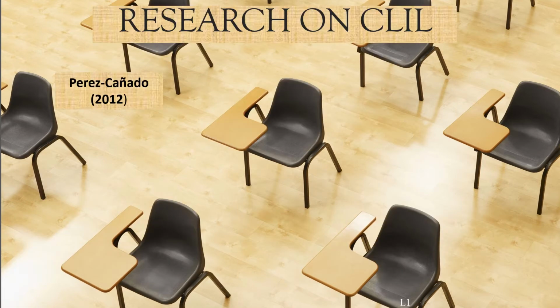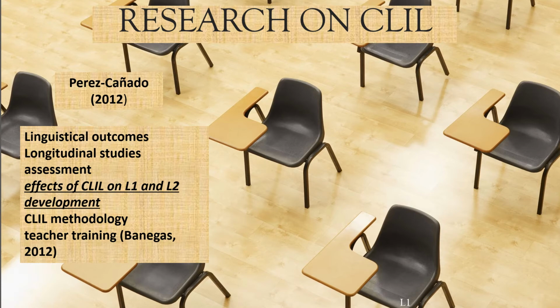According to Perez-Cañado 2012, there are fields in CLIL research almost untouched, such as linguistic outcomes, longitudinal studies, assessment in language acquisition as well as in content learning, effects of CLIL on L1 and L2 development, CLIL methodology, and teacher training. Vanegas 2012.